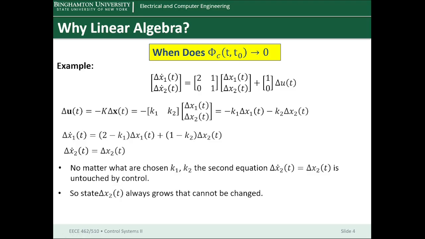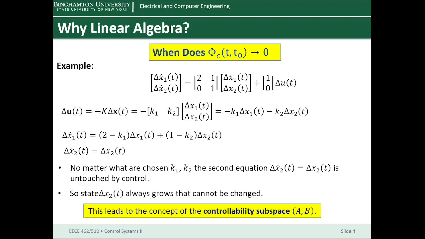This illustrates an important point. Sometimes, based on the structure of A and B, certain states are uncontrollable. In other words, our control input cannot affect them. This naturally leads us to the concept of the controllability subspace of A and B. For a small system like a two-state system, we can check controllability by direct inspection.